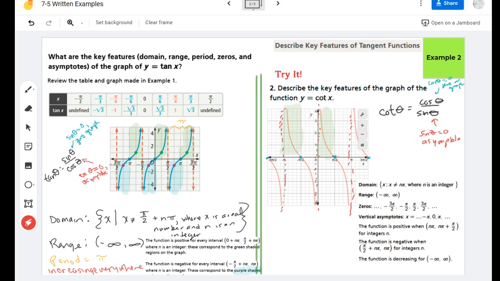This one's still positive from 0 to pi over 2. And this one's positive from negative pi over 2 to negative pi. This one is still positive from negative pi over 2 to pi. So these are about the same thing. The only difference is that they called this n pi instead of 0 plus n pi, which I thought was interesting.